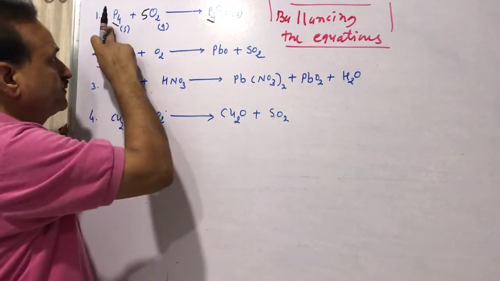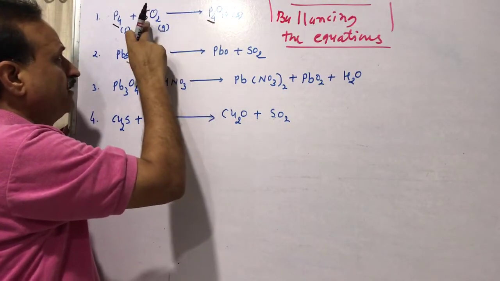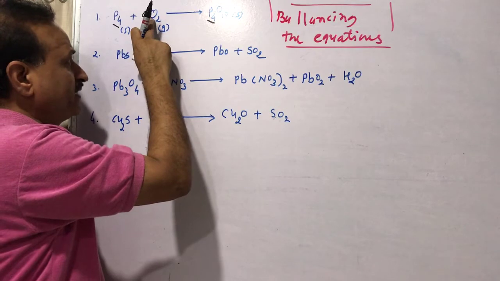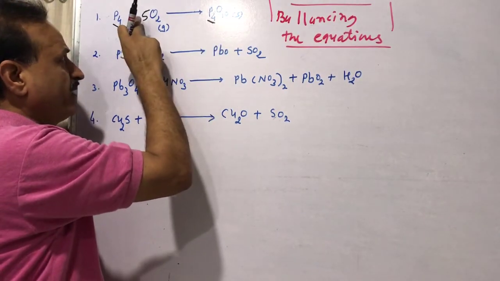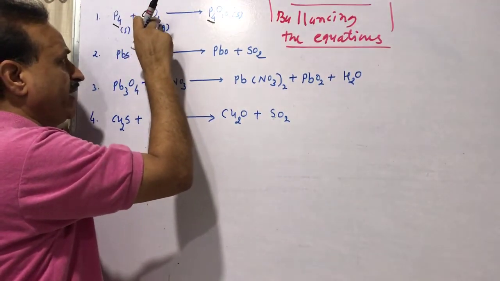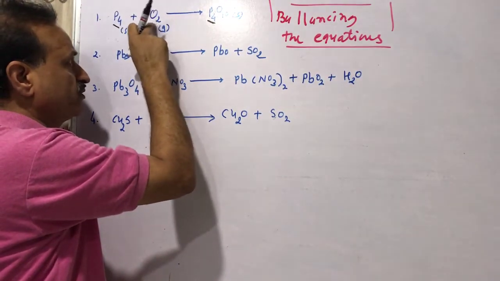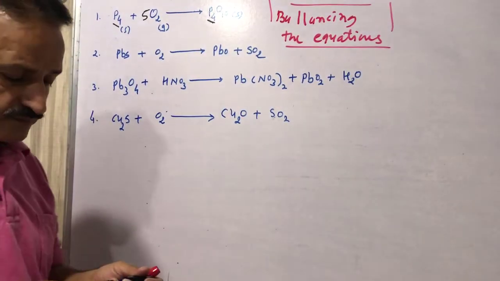Again, phosphorus atoms 4 on the left, 4 on the right. Oxygen on the left was 2, on the right was 10. Multiply by coefficient 5, 5 times 2 is 10. Total oxygen atoms 10 on the left and also 10 on the right.